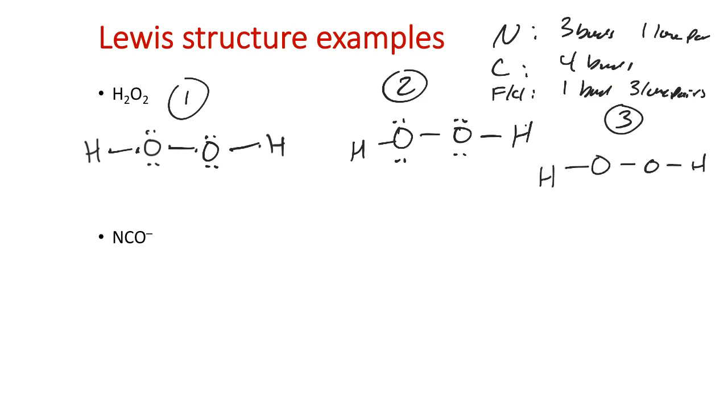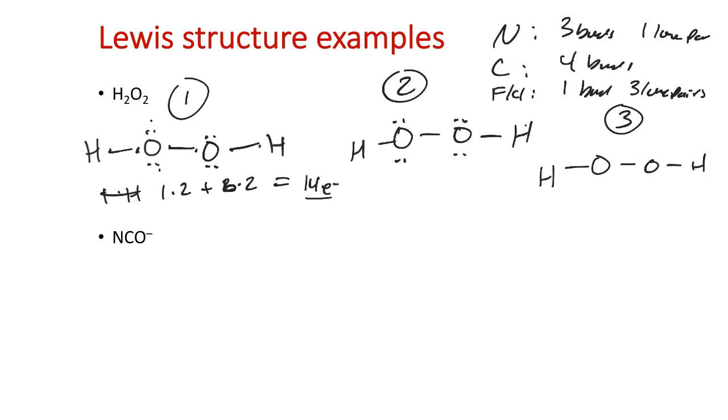So we end up with a base structure like this, count up our electrons. In fact, another check for both methods 1 and 2 would be to count up our valence electrons: 1 times 2 for the hydrogens, plus 6 for each of the oxygens. So 6 times 2 is 12, plus 2, 14 electrons should be shown in our structure.